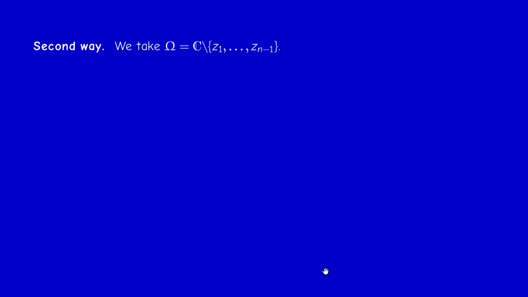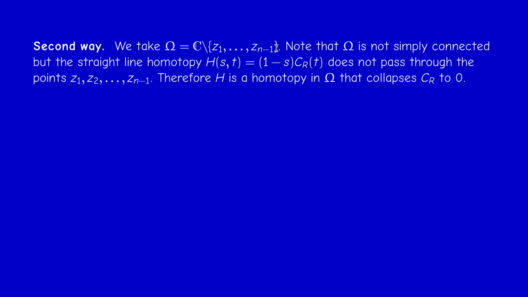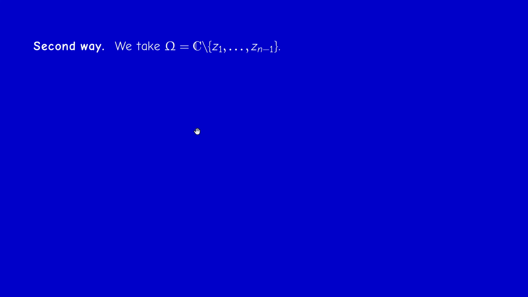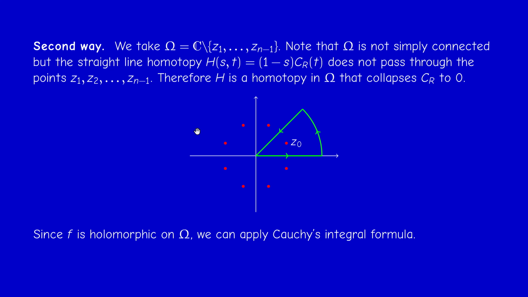The second way is to take omega to be C without the remaining roots. And in this case, f is holomorphic on omega. And we can check that the straight line homotopy happens far from the remaining roots, the remaining singularities. So the straight line homotopy doesn't touch z1, z2, ..., z_{n-1}. And here's the picture. The straight line homotopy happens actually inside the loop, so we don't touch them.